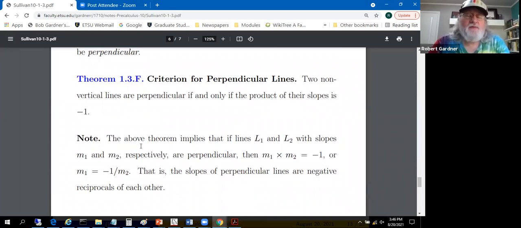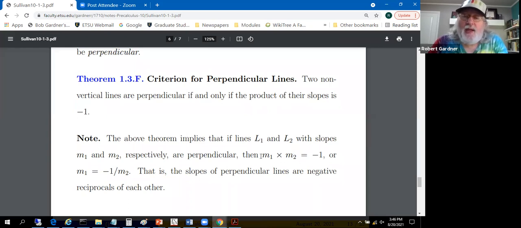Maybe a little comment first before the proof. The above theorem implies that if the lines are denoted L1 and L2, and they have slopes, say m sub 1 and m sub 2, respectively, they're perpendicular if and only if m1 times m2 equals -1. The product of their slopes is -1.